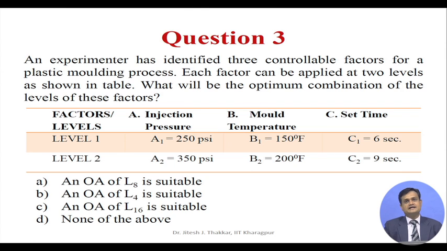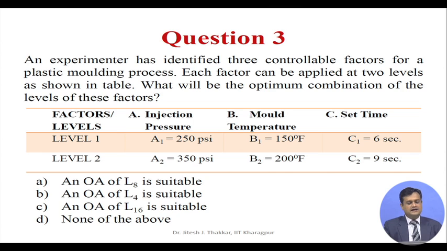You have factors like injection pressure, mold temperature, set time. You have level 1, A1 is equal to 250 psi, B1 is equal to 150 degree Fahrenheit, and C1 is equal to 6 second. You can also look at the level 2 for each factor. A2 is equal to 350 psi, B2 is equal to 200 degree Fahrenheit, C2 is equal to 9 second.